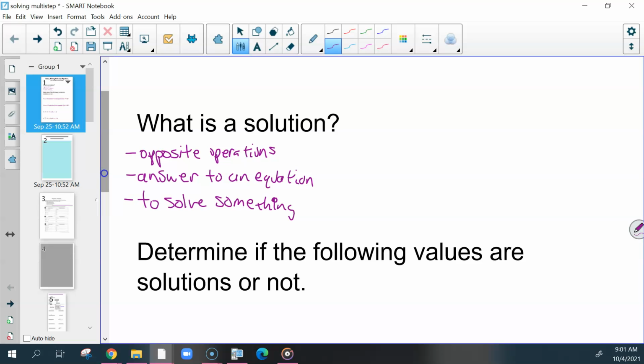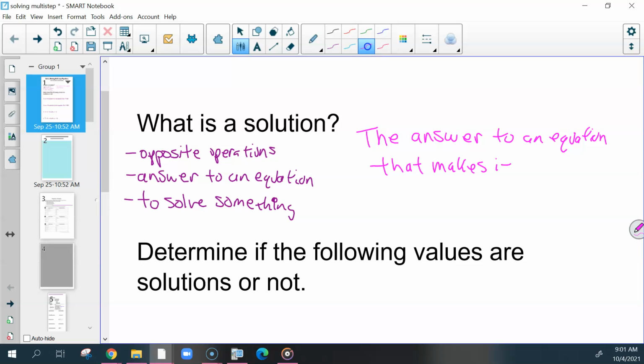I'm going to kind of combine them and say the solution is the answer to the equation that makes it true. So when I find this solution, if I were to put it back in, it would make both sides equal to one another. It would make it true.